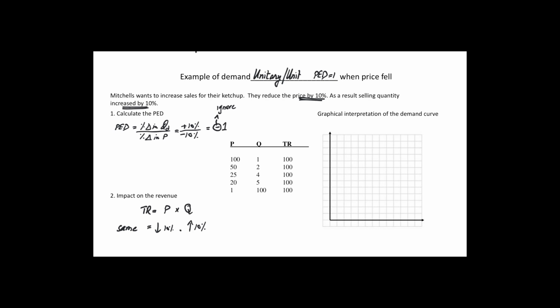So the way the revenue is going to work, and the diagram, we've already seen that the flat diagram is taken over by elastic, the steep diagram is inelastic. This one's going to have a very different shape. It is going to be something like this. What I'll do is I'll mark some just to show this is what I'm going to do.